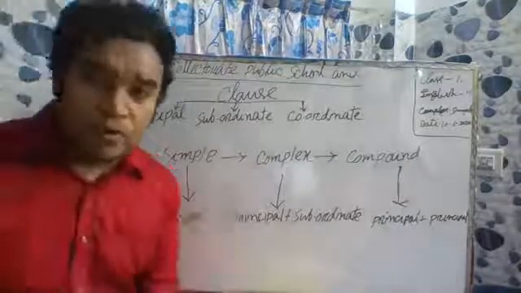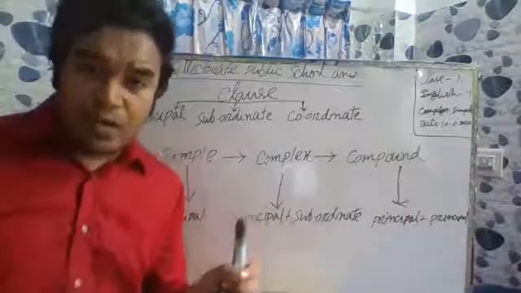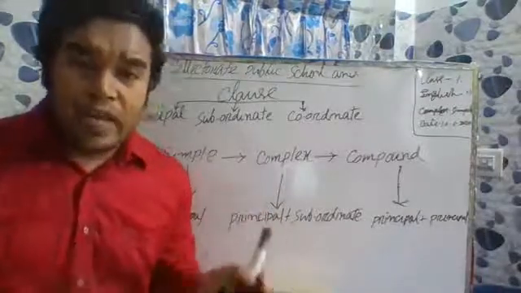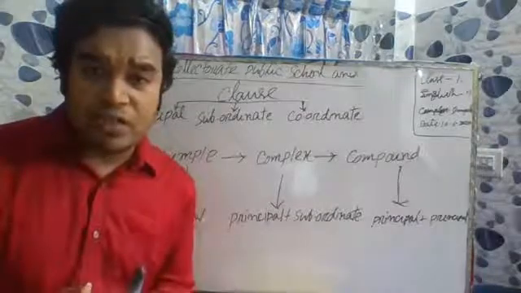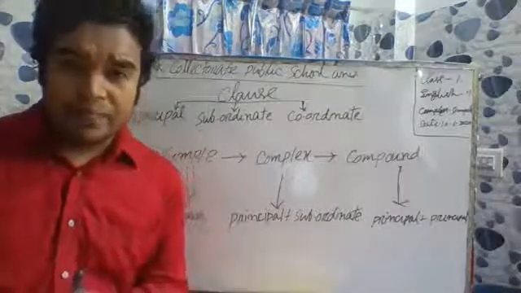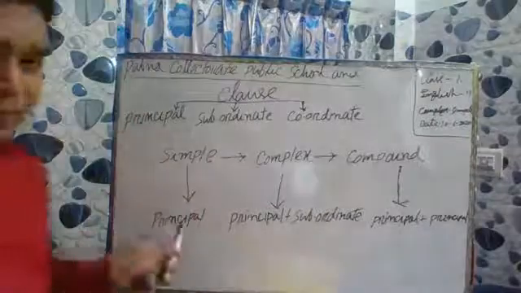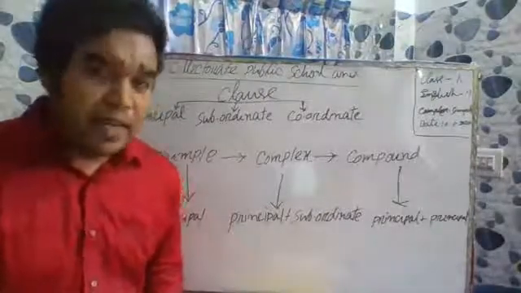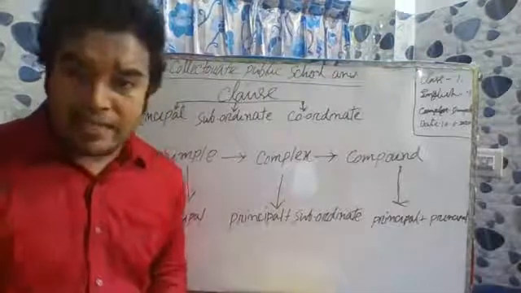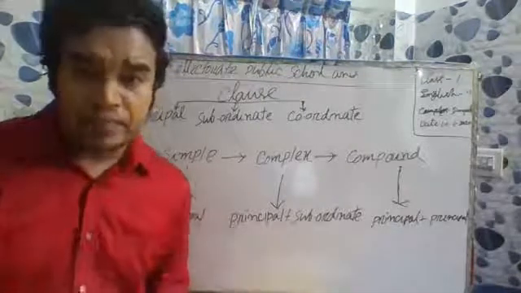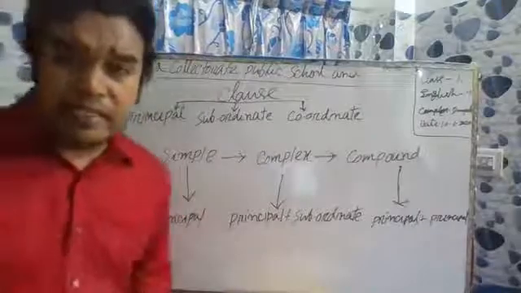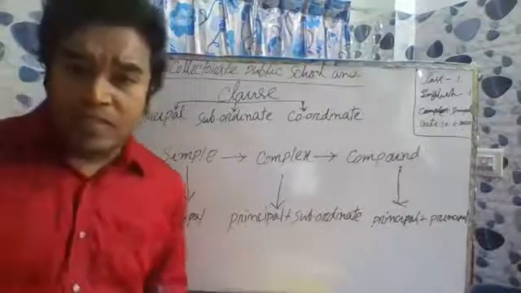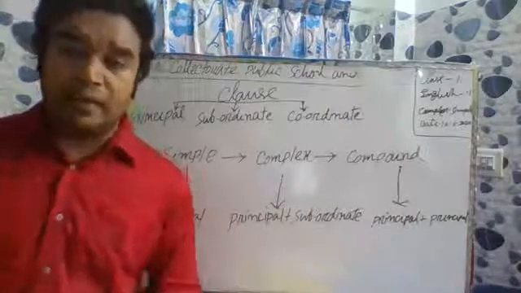As I mentioned before, principal clause becomes a simple sentence when we use this clause in a detached way. That means a simple sentence has also a subject, a finite verb, and an extension, and it always gives a complete meaning. This is simple sentence. You have to remember shortly. Always you will find only one subject and one verb in a simple sentence.